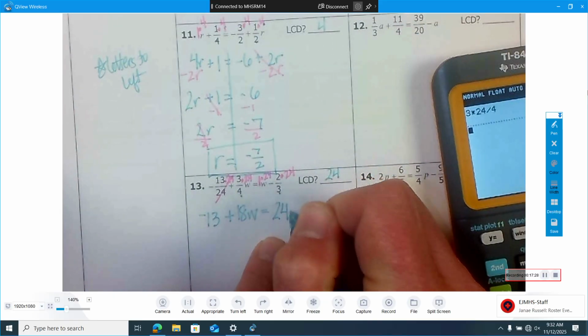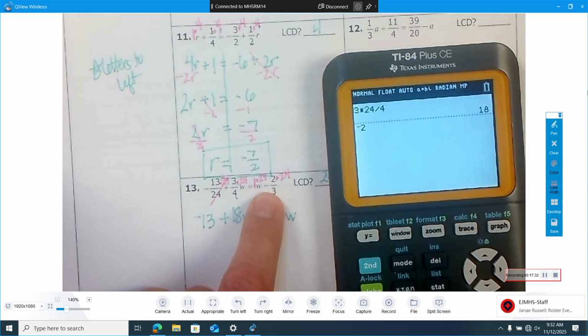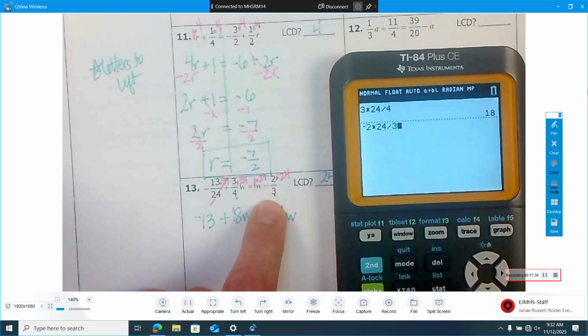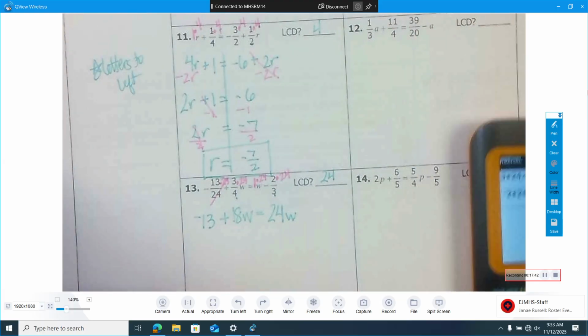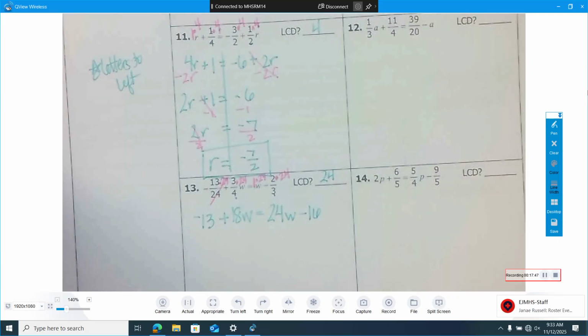That's just going to be 24 W's. And then my last one here, I have negative 2 times 24 divided by 3, which is going to give me negative 16. All right, negative 16. So again, use that calculator, use your brain.